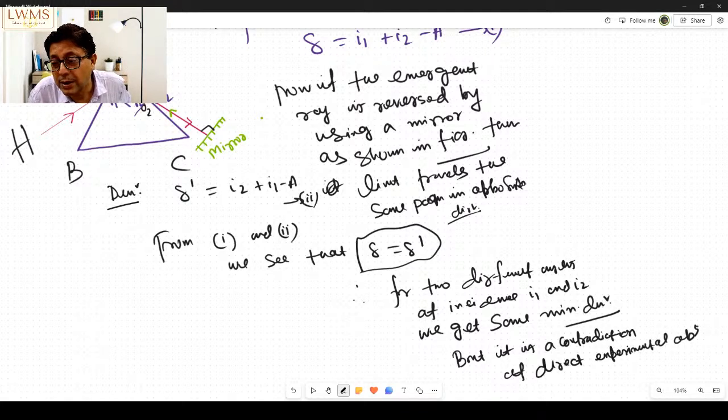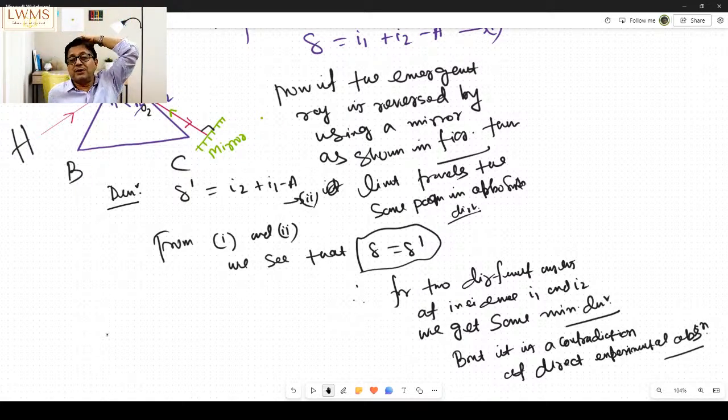What is that? That only for one angle of incidence you will get minimum deviation. So for I1, I2 different it is not possible. So only one possibility is there, that I1 must be equal to I2. Otherwise for two different angles you are getting the same minimum deviation.